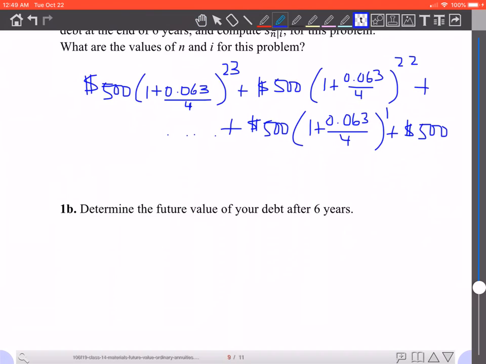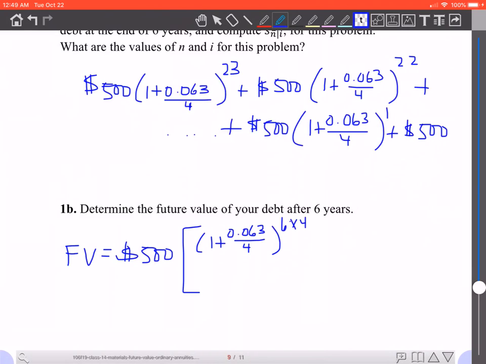Find the future value of your debt after 6 years. Thankfully, we have our formula now, so we're not going to go through writing out all of these separate future values and adding them together. So the future value of your debt after 6 years is the result of, again, quarterly compounding. I'm going to write this out the long way, but you've already calculated some of these numbers. Don't forget to compound the denominator as well, because that's also the interest rate.